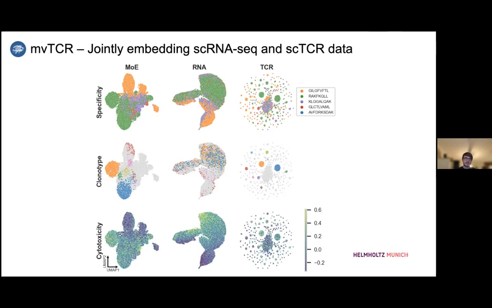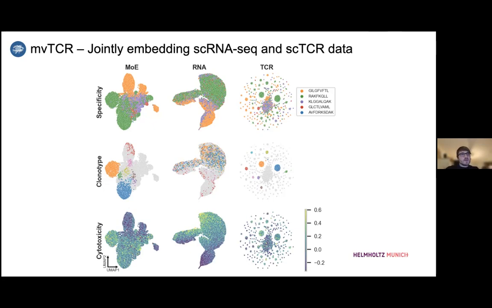And lastly, to confirm that the transcriptomic space is also present, we looked into a cytotoxic score that is defined by a multitude of marker genes. And here we saw that our joint latent embedding is better refined and shows a hierarchical separation of these expression patterns, whereas in a T cell receptor space, where we don't have that information available, we see essentially a random pattern.